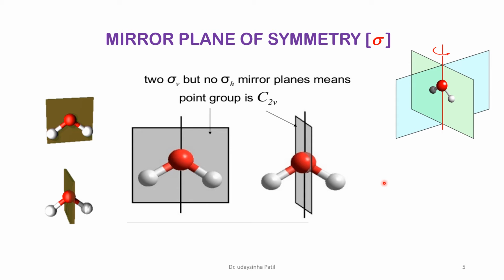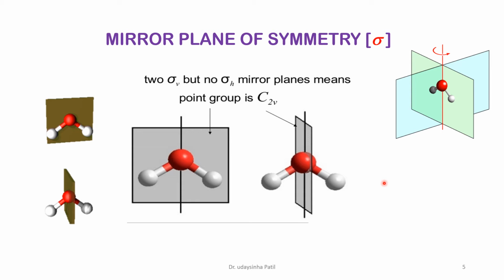What do you mean by the vertical plane? A vertical plane is an imaginary plane which bisects the water molecule into two equal parts and is parallel to the principal axis, the main axis. Then there is the possibility of a vertical plane.